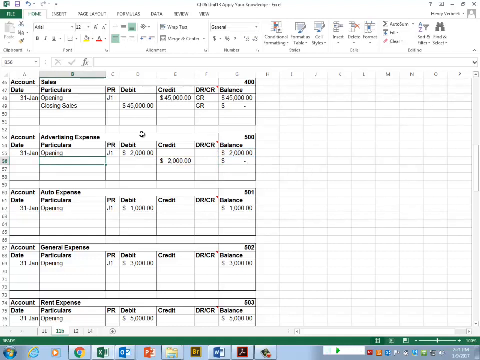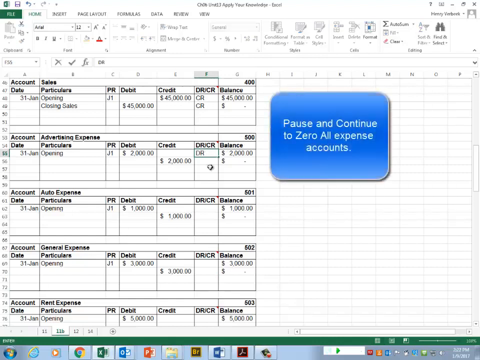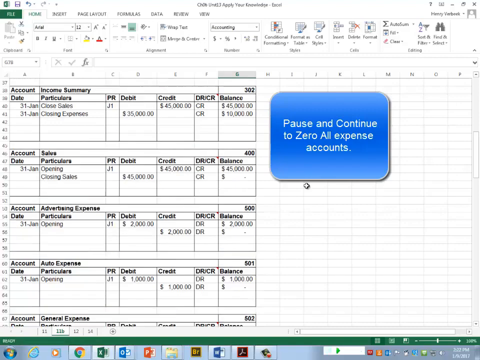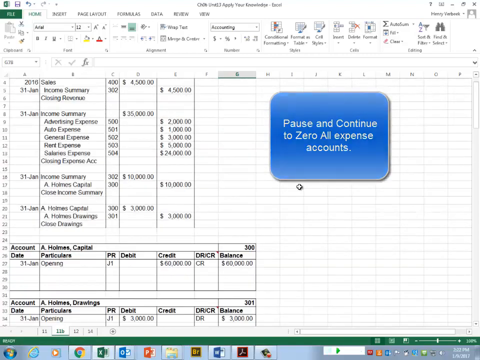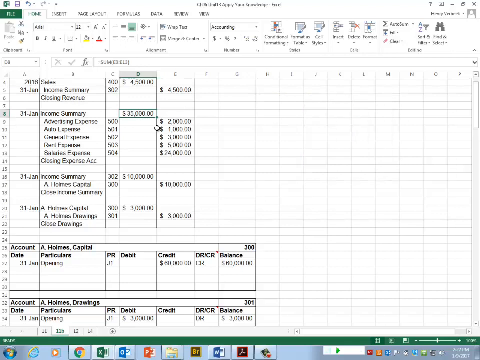I'll put in the closing remark after, and then I'm going to say 1,000 equals that minus that, enter. 3,000 equals that minus that, enter. And all of these were debits, and even though it gets zeroed out, now we've taken care of all of those.